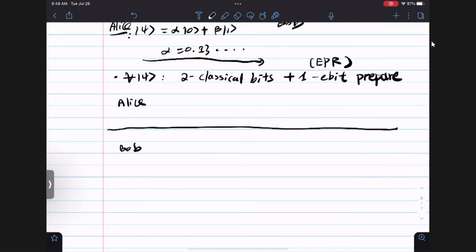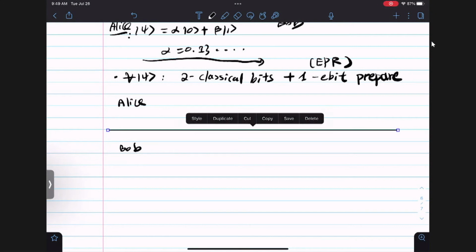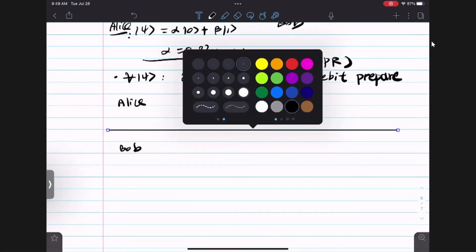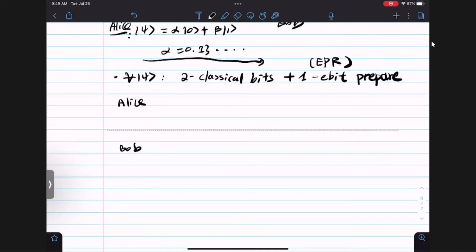Okay, and here's the protocol. So we have Alice and Bob. Imagine they're physically separated, but somehow they pre-share an EPR pair. So these two qubits form an EPR pair.